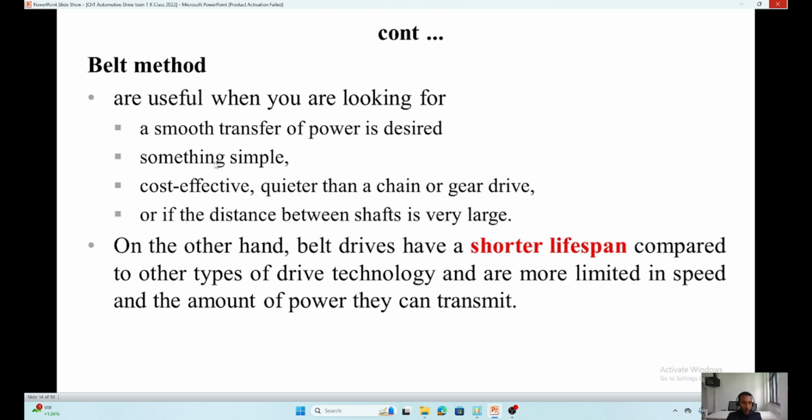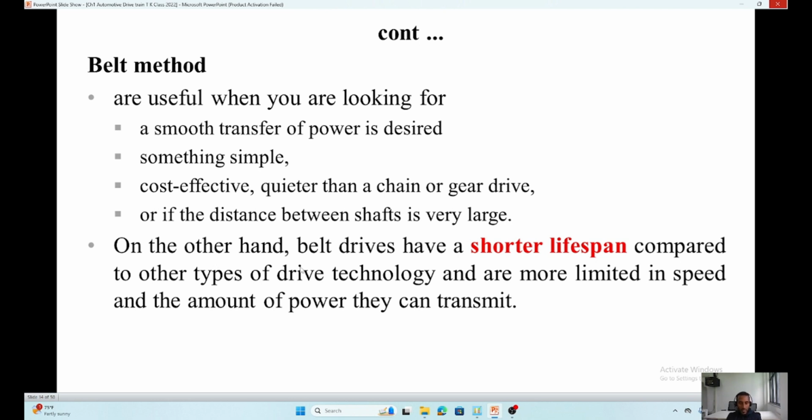If you need a simple power transmission mechanism, belt is preferable, and if you need a cost-effective, quieter power transmission mechanism, or if the distance between the shafts is very long, you can use chain.